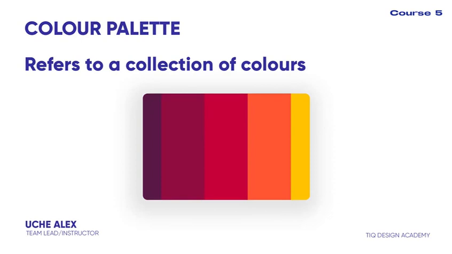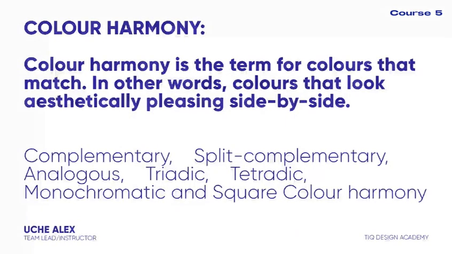So far, we have looked at colors and how they are derived from each other. Now, let's also look at how color can be used together, because you see, not all colors go well together. Some don't match. To help us understand colors and how to match them together, we'll be looking at color harmony. Color harmony is the term for colors that match.